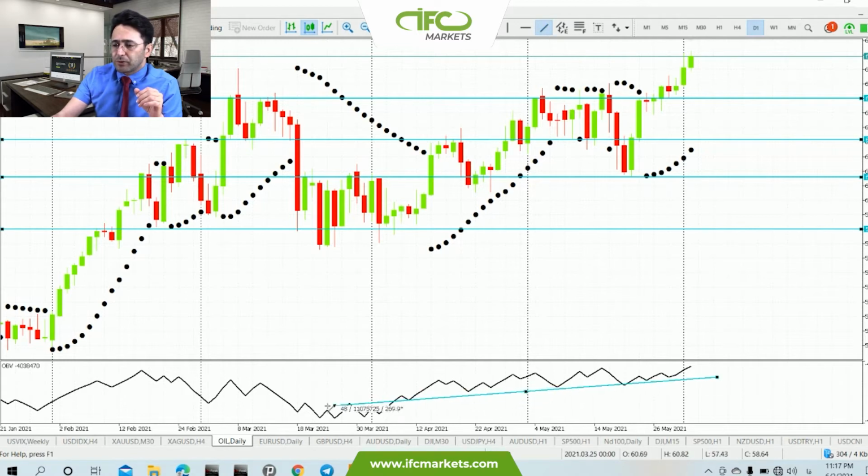If you draw your trend line with the OBV, you can see that your asset is clearly moving above your trend line. And now let's have our trend line in the chart. This is our trend line in the chart. Here you can see that the trend line has been broken under this level and again created another trend line here.